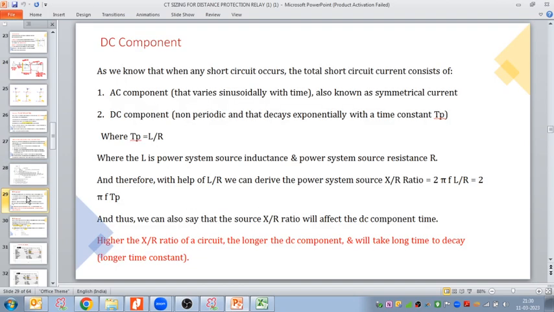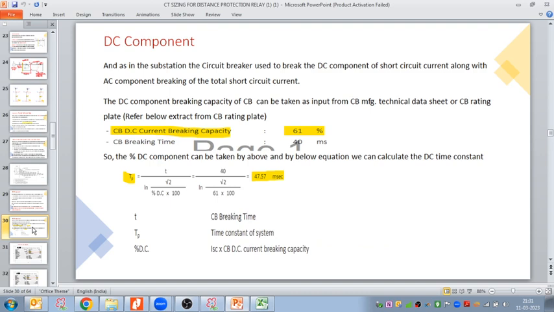With the nature of the fault current, we are trying to calculate the source resistance and source reactance. The DC component decaying rate depends on the X/R ratio, as discussed yesterday. We calculated the time constant required to decay the DC component when a fault happens.